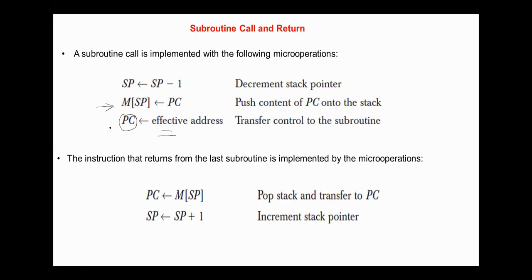Now we have the return address in the stack. And the return from the subroutine is implemented using the following macro operations. The content of the memory location addressed by the stack pointer is popped into the program counter, and the stack pointer is incremented by 1.